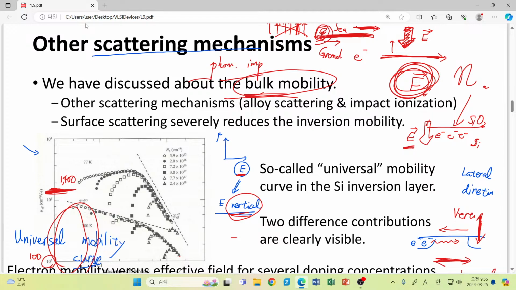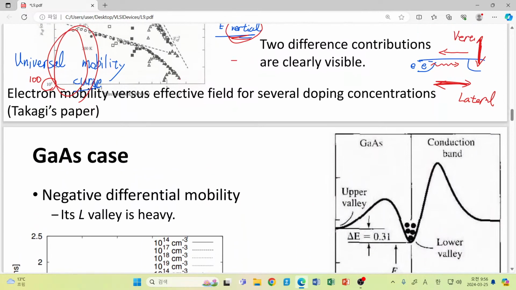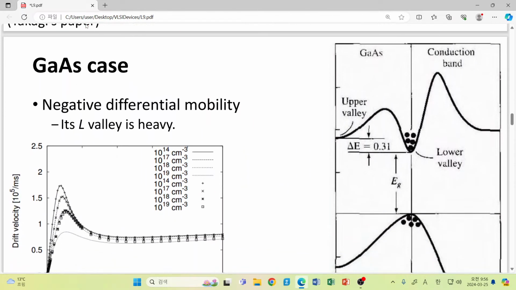Bulk mobility means that if you have a macroscopic, large, homogeneous sample, then it will show such mobility. However, in reality, you have to introduce silicon dioxide on top of your silicon and apply a strong vertical field and so on. So there is more to be considered.